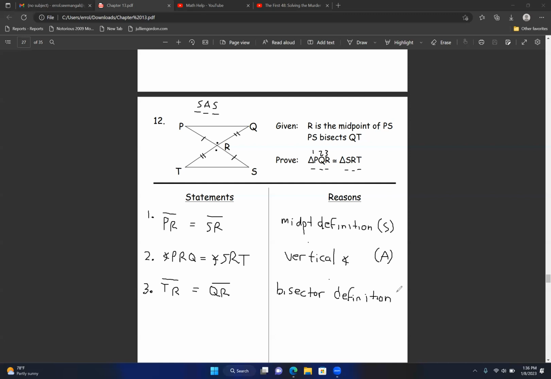Bisector definition, and that's your other S. Number four would just be that they're congruent. Triangle PQR is congruent to triangle SRT by SAS.